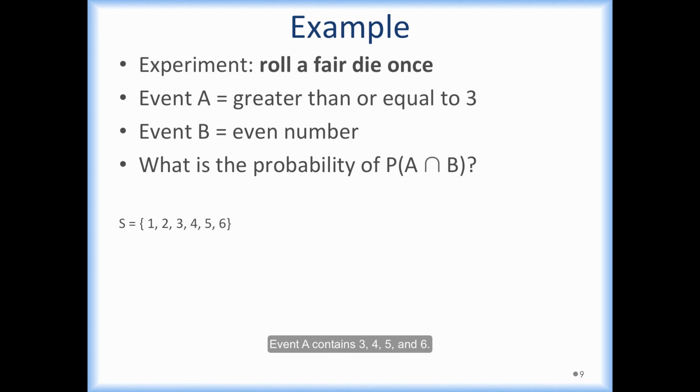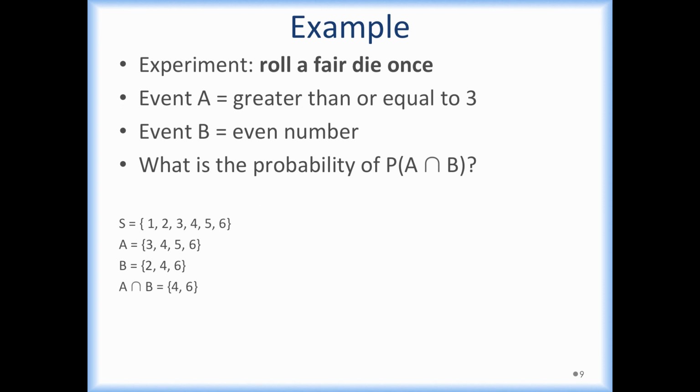Event A contains 3, 4, 5, and 6. Event B contains 2, 4, and 6. Therefore, event A intersect B contains 4 and 6. The probability of A intersect B is 2 over 6, or 1/3.